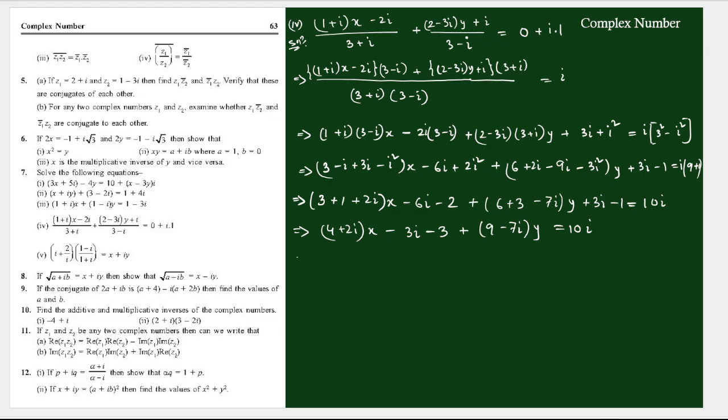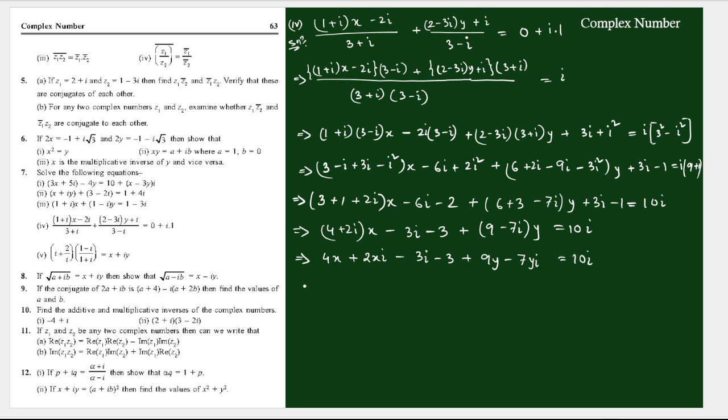Then now we separate this one. 4x plus 8ix, the 8x. 4x plus, from here will come 8 with 2xi, 3i minus 3 plus 9y minus 7yi equal to 10i.